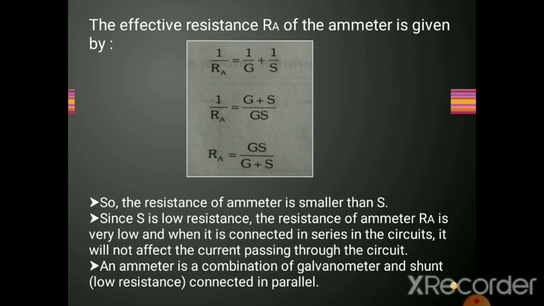So the resistance of the ammeter is smaller than the shunt resistance. Since the shunt resistance is low, the resistance of the ammeter Ra is very low, and when it is connected in series in the circuit, it will not affect the current passing through the circuit. An ammeter is a combination of a galvanometer and a shunt with low resistance connected in parallel.